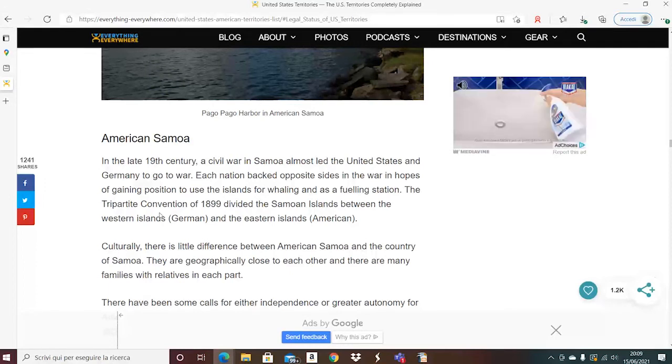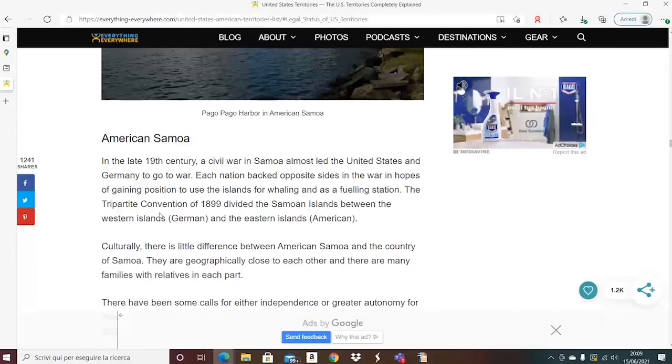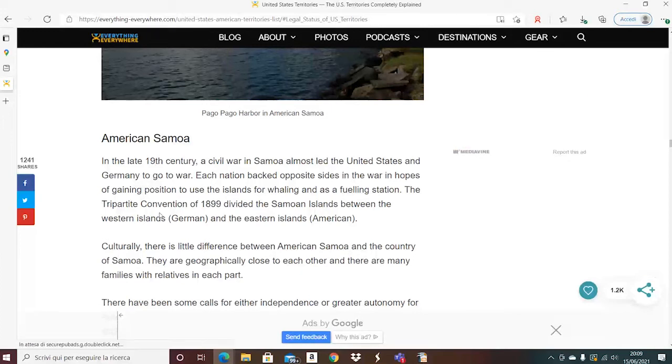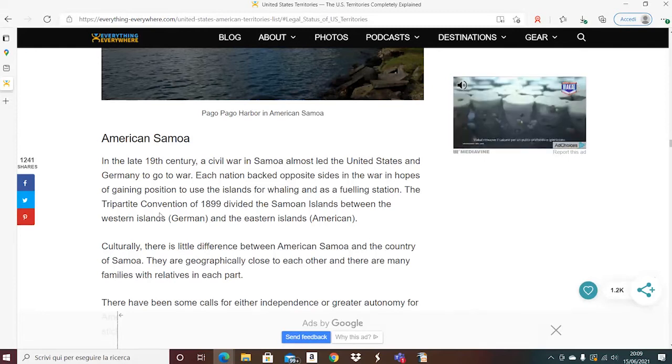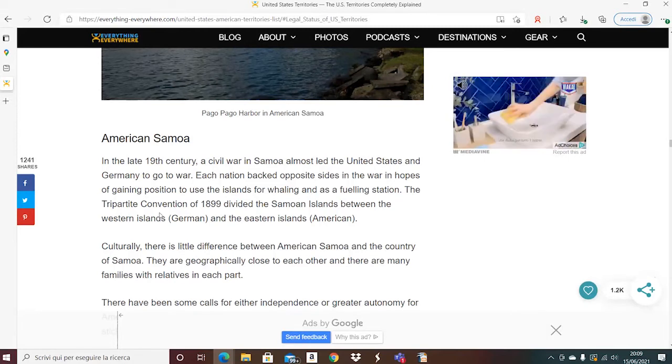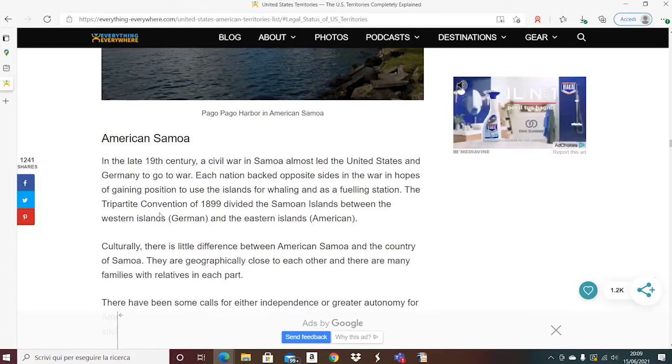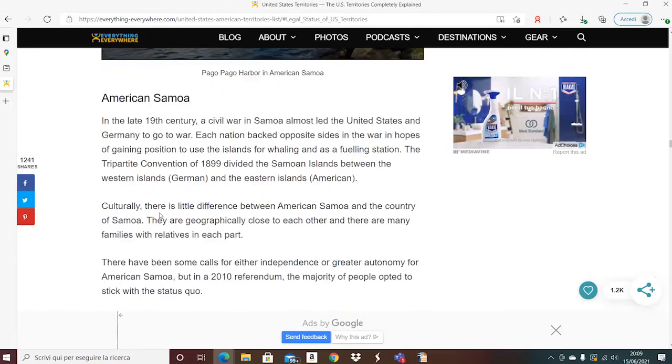The tripartite convention of 1899 divided the Samoan Islands between the Western Islands, German, and the Eastern Islands. Culturally, there is little difference between American Samoa and the country of Samoa.